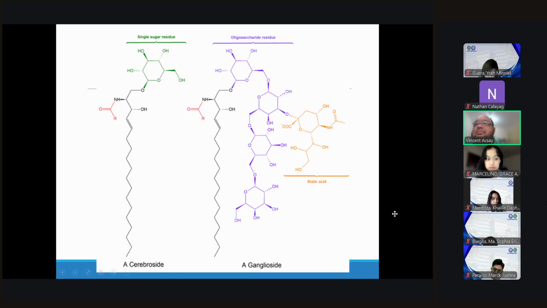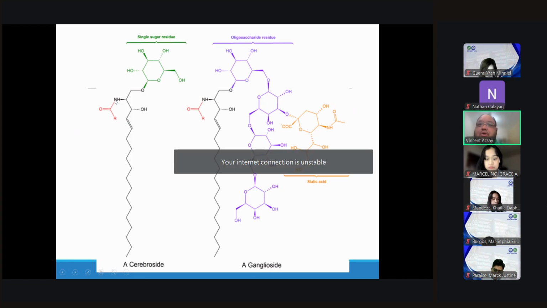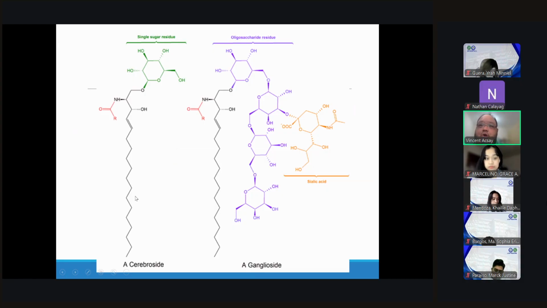So here's a picture that shows your cerebroside. You have your sphingosine backbone. You have your R group, your fatty acid, attached to your amine, your long carbon chain attached to carbon 3, and then attached to your hydroxyl group of carbon 1 is this time a single sugar residue.